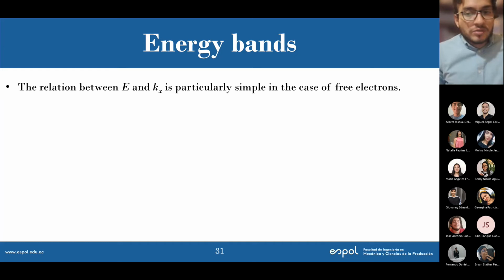In the case of free electrons, you can go back to the equations once I upload this slide, or your notes, and you can see that there is a simple relation between K and E. K is a constant times the square root of energy, right? And that's the simplest case for free electrons.